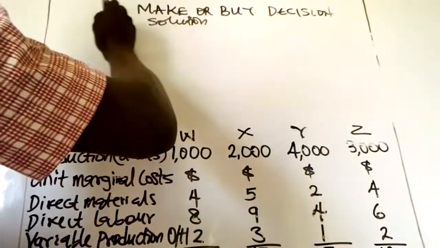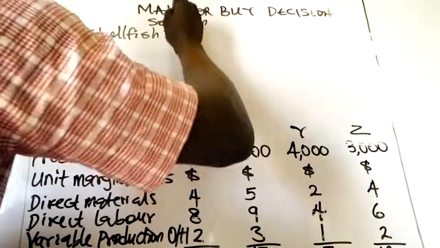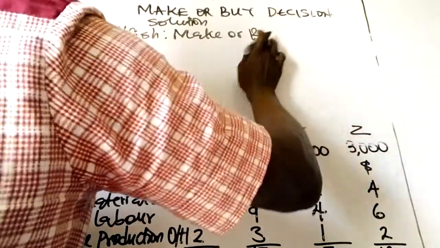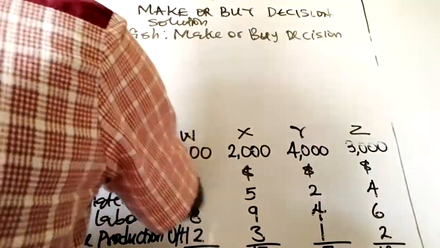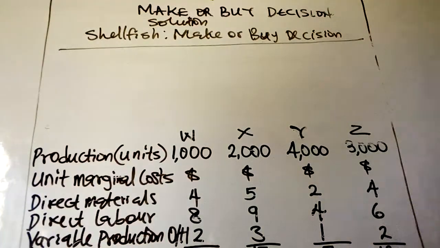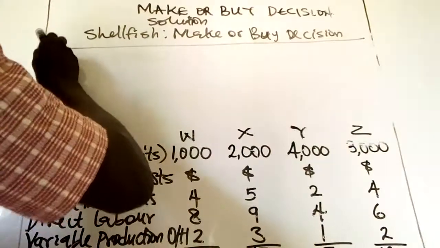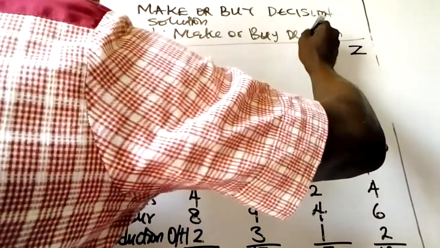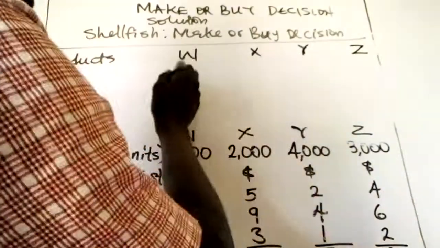We have Shellfish make or buy decision. We have four products in question: W, X, Y, and Z. These are the products in question.